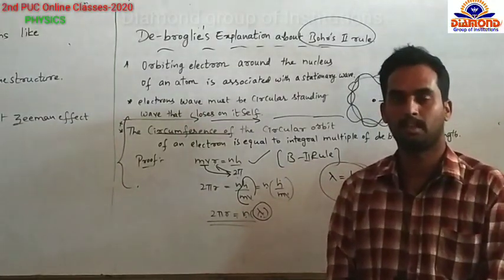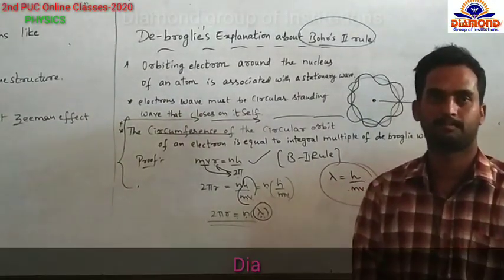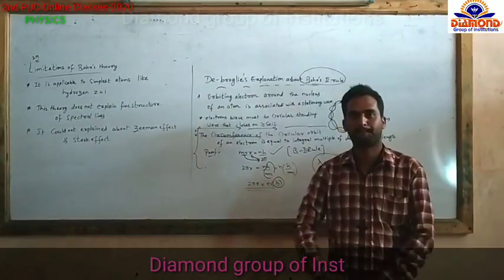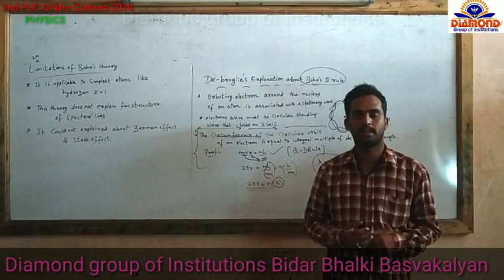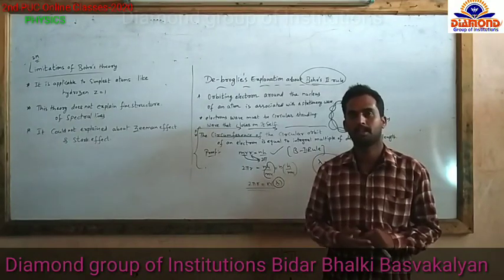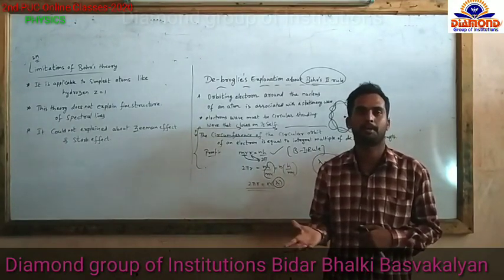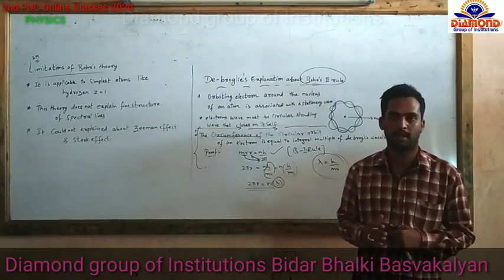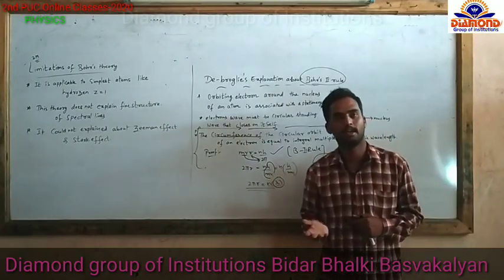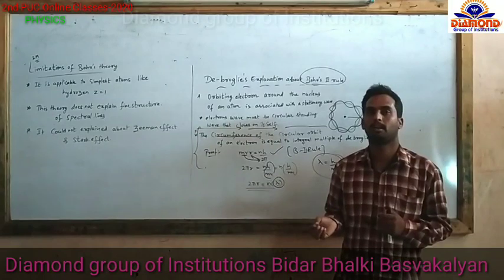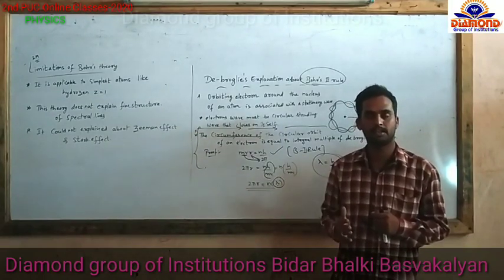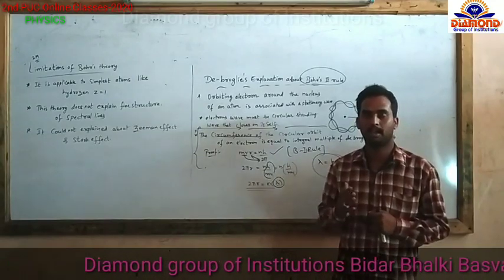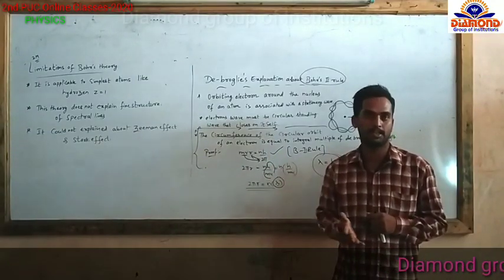So in this atoms chapter, first we studied the J.J. Thomson model, next the alpha particle scattering experiment. After that, Rutherford's model, then Bohr's atom model and the derivations for radius, velocity, energy, as well as Bohr's limitations.